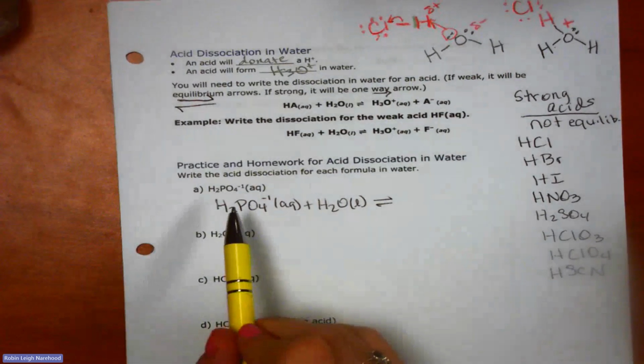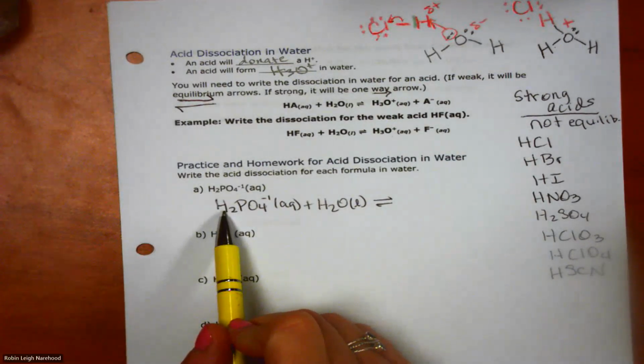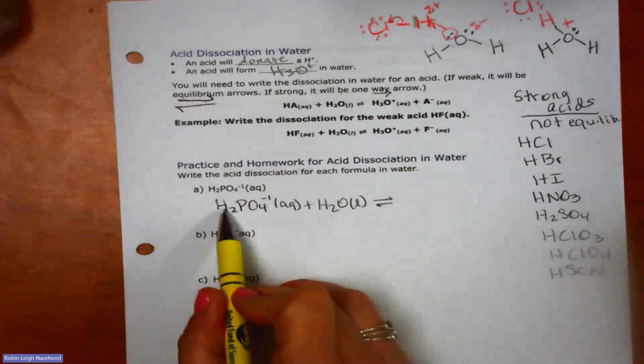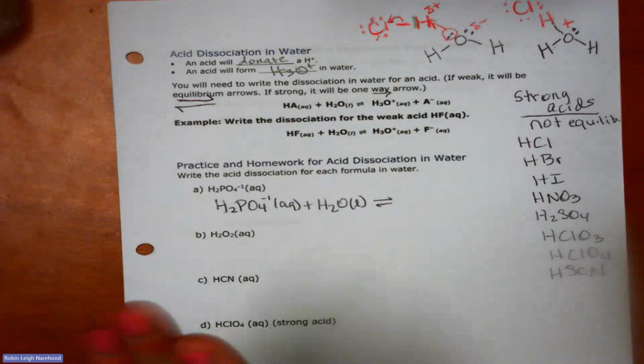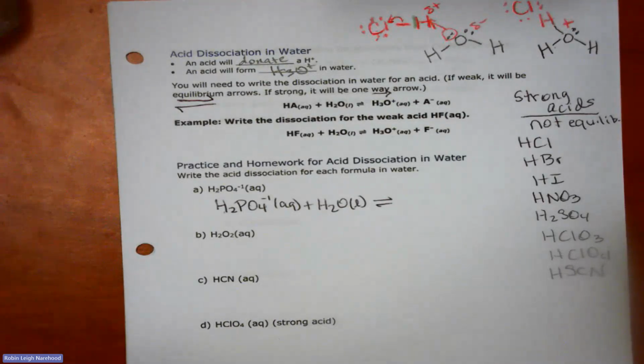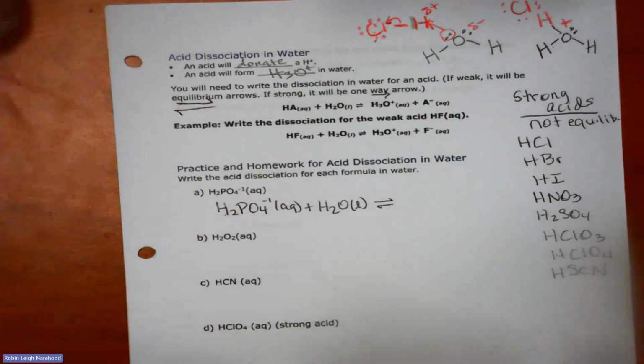So what is going to happen to this formula here, this H2PO4? It's going to lose one H. I know there's 2 there, but once it loses one, it is no longer H2PO4. So whatever the formula is, you just pull one H off of it. And so what would the formula be if you pulled one H off?